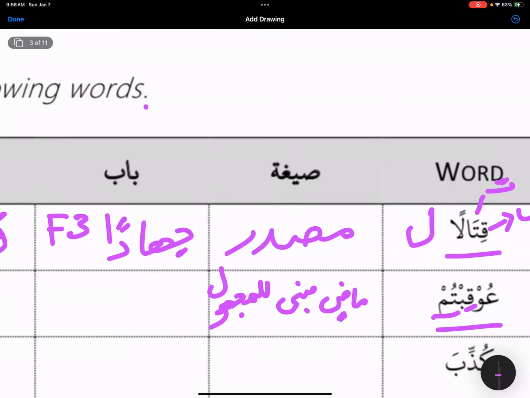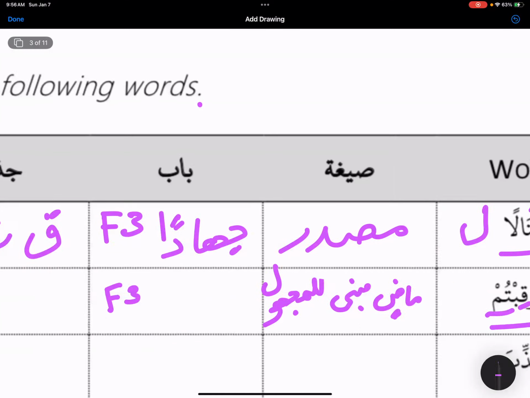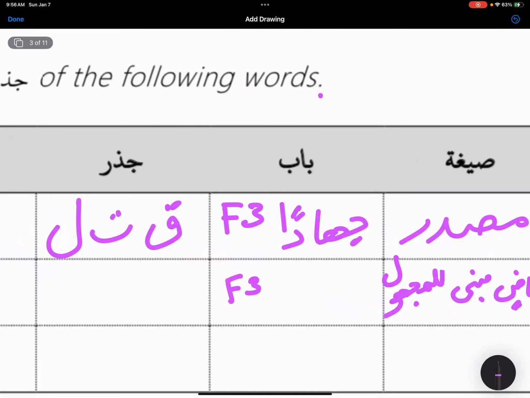Okay, so what is the bab? Mufa'ala. So same bab, family 3 we can say, right? Family 3: jihadan, mujahadatan, or what else? Mufa'alatun, all these good names. Okay, now jazar, we already figured it out. Ain, qaf, and ba. Good.